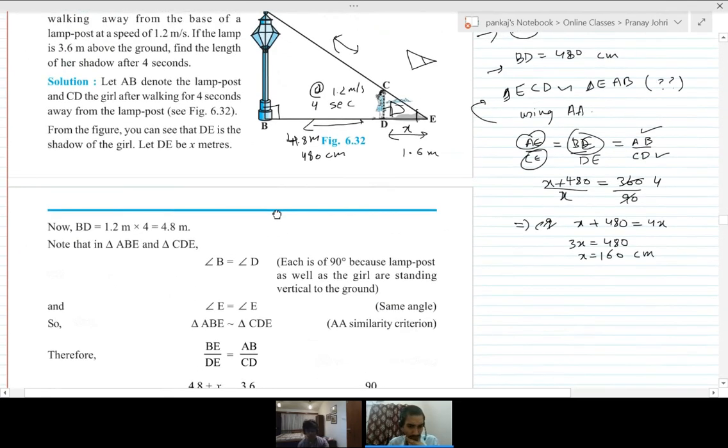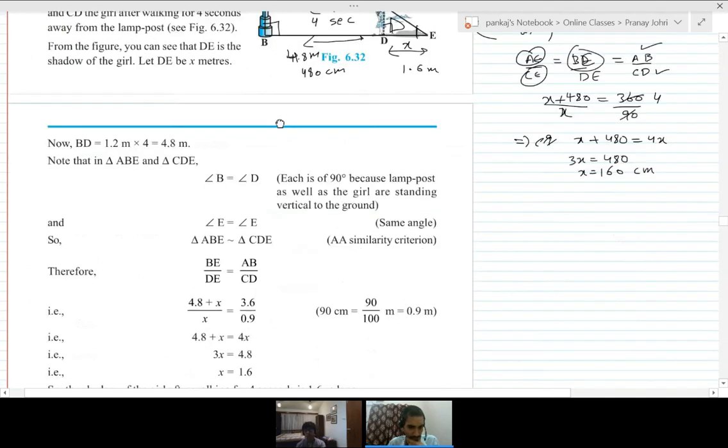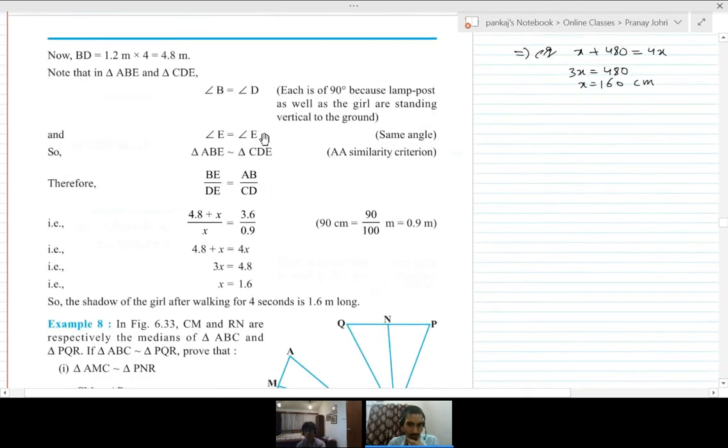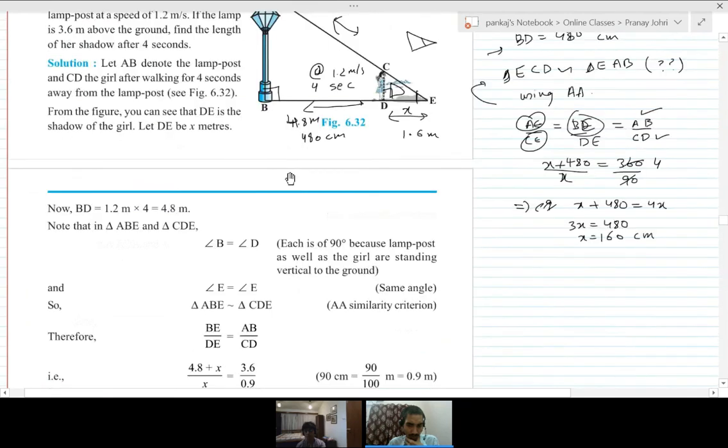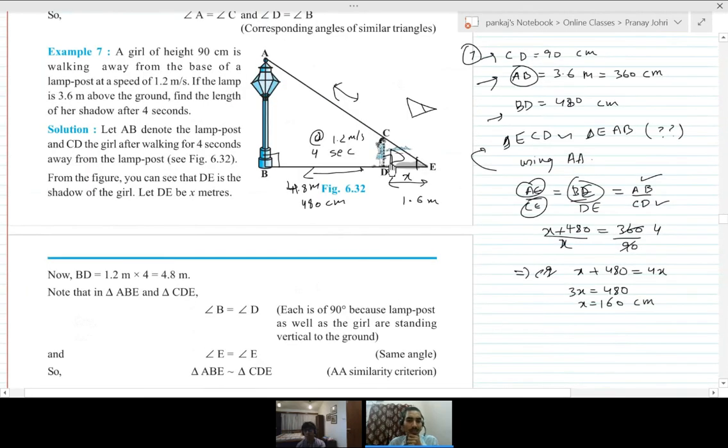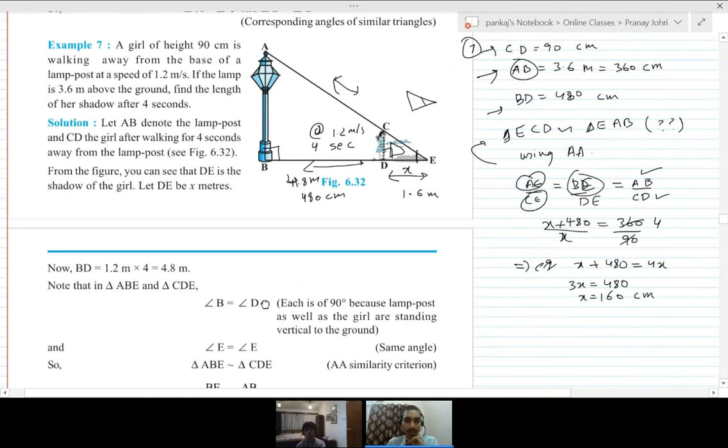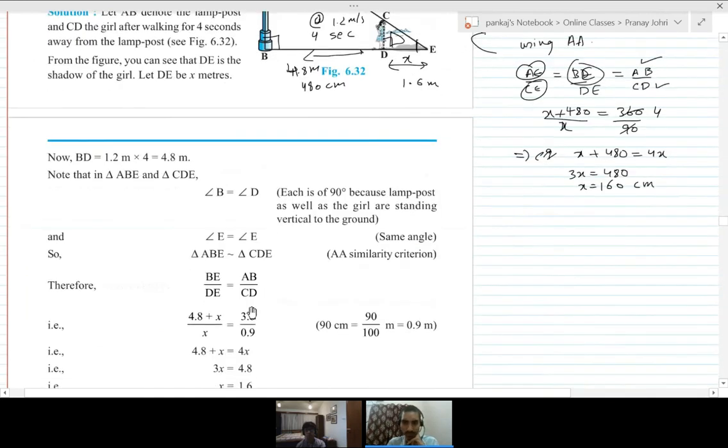So after 4 seconds, the shadow length of the girl would be 1.6 meters.